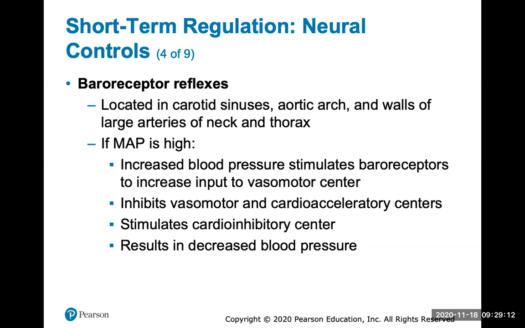Your baroreceptors are located in the carotid sinuses and your aortic arch. If mean arterial pressure is too high, increased blood pressure will stimulate these baroreceptors to increase input to the vasomotor center. This will inhibit the vasomotor and cardioacceleratory centers, stimulating the cardioinhibitory center, and decrease blood pressure.